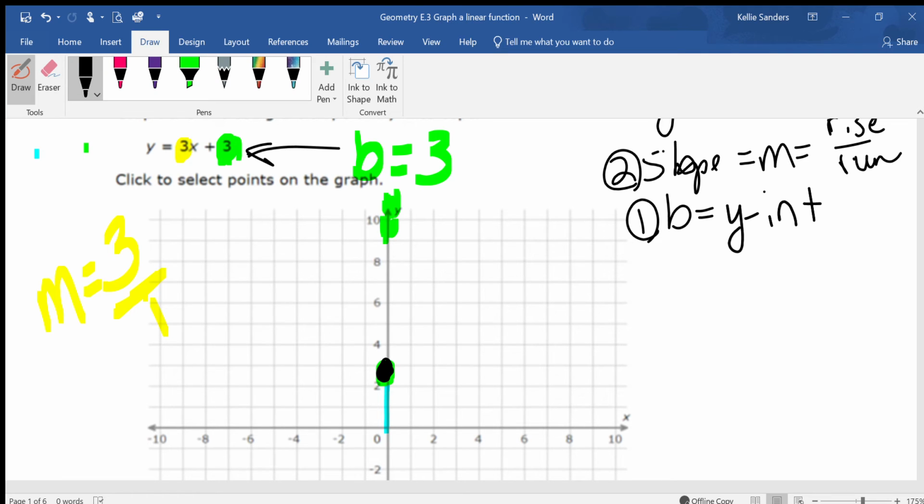Then, from your b, we're going to do rise over run. Let's use the yellow to tell me that it's slope. So, from your b, we're going to rise 3 more and run 1. That's where your second point is. And IXL is wonderful because once you have the 2 points, IXL automatically puts your line for you. You do not have to draw the line on IXL.